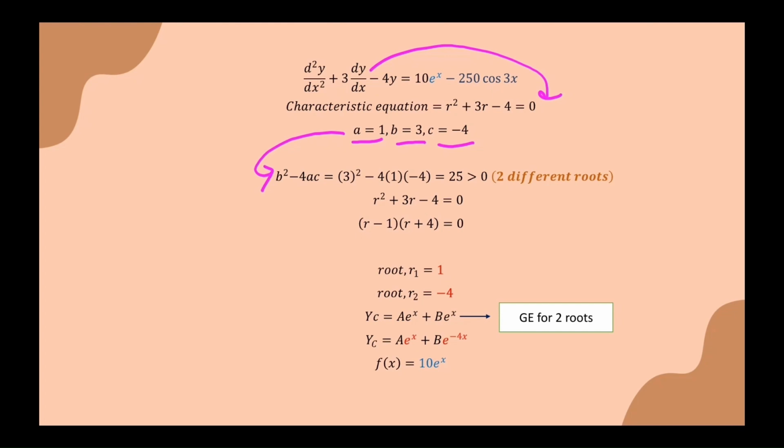So after we insert the values, b² minus 4ac equals 3² minus 4 times a, which is 1, times c, which is negative 4. After we sum up all this, we get 25. So 25 is bigger than 0, which means we have two different real roots here.